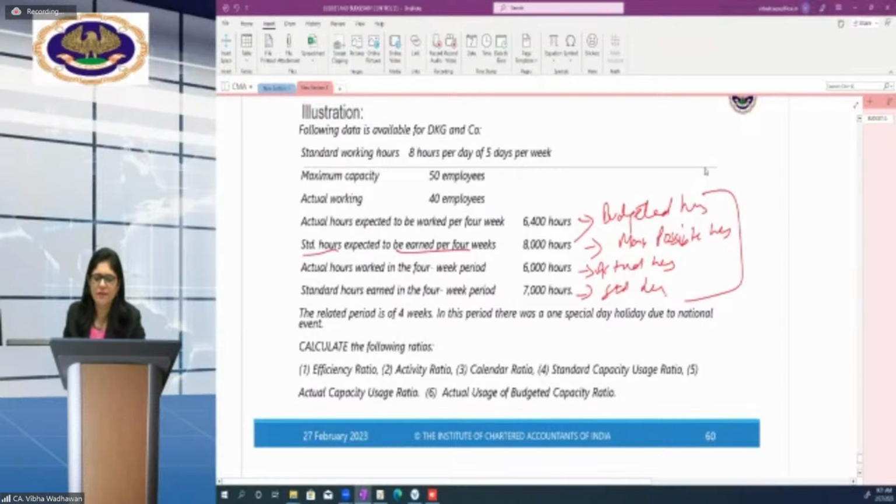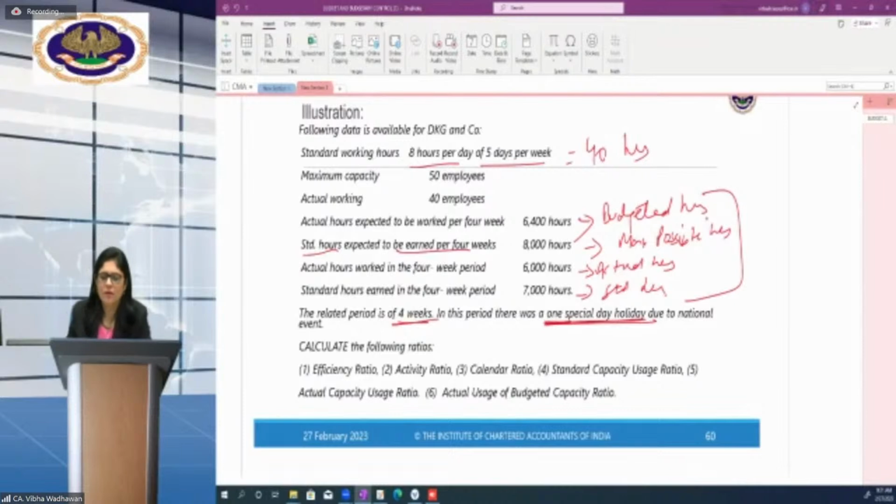Now can we calculate it? Related period is 4 weeks. There was one special day holiday. See, related period is 4 weeks, 8 hours, 5 days a week. So 8 fives are 40 hours. 40 hours and 4 weeks, 8 hours of 5 days per week, and one special holiday due to a national event.